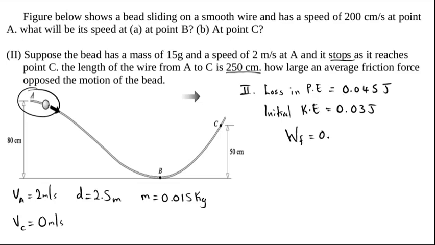So 0.045 plus 0.03 gives us 0.075 joules.